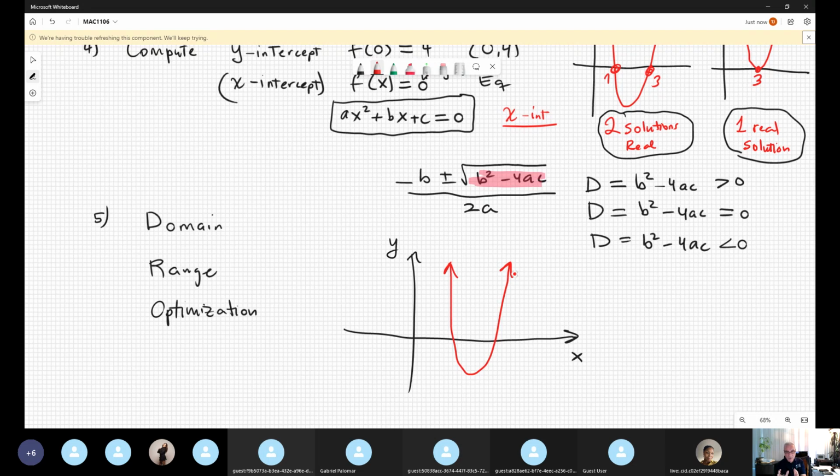That parabola continues forever to the right and to the left. Therefore, always 100%, the domain is all real numbers, because remember, when you project any point onto the x-axis, you get all real numbers, from negative infinity to positive infinity. However, the range, no.